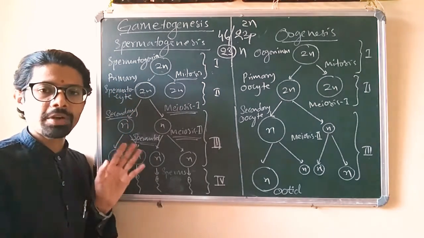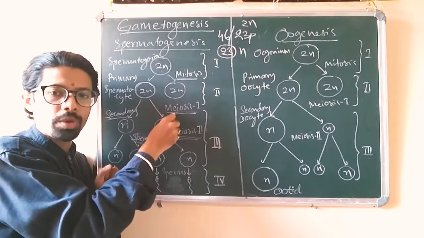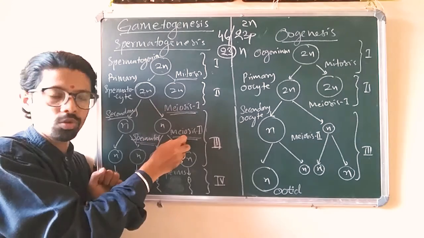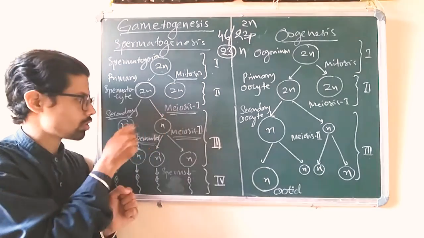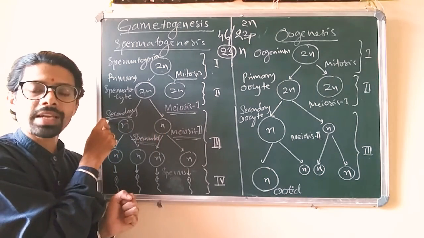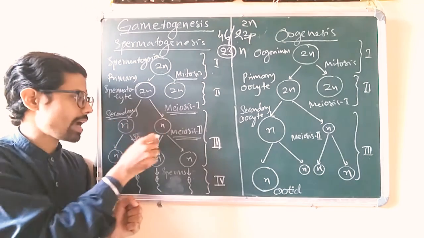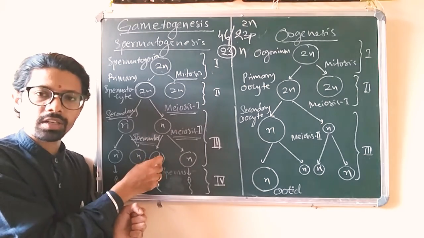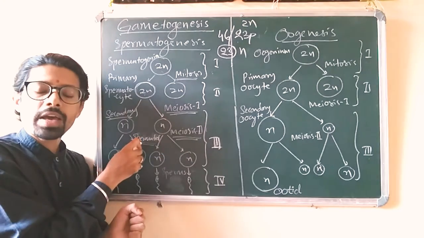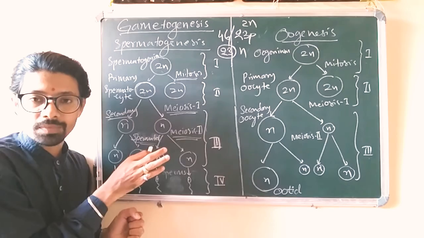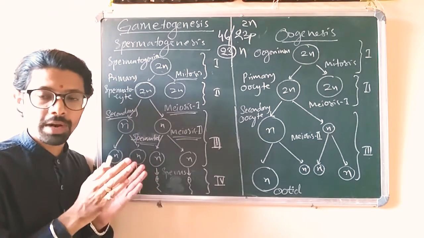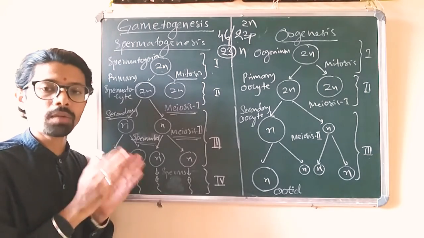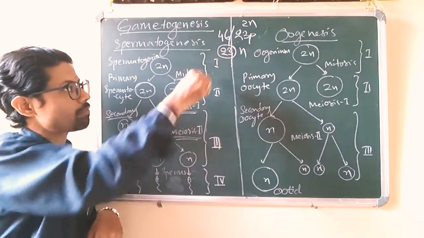Now these primary spermatocytes undergo meiosis 1 and meiosis 2 to produce haploid cells. First meiotic division produces 2 haploid cells called secondary spermatocytes, and at the end of second meiotic division they produce 4 haploid spermatids. Okay, 4 haploid spermatids. They are not still called spermatozoa or sperms because they are not motile. Okay, so there are 4 phases.